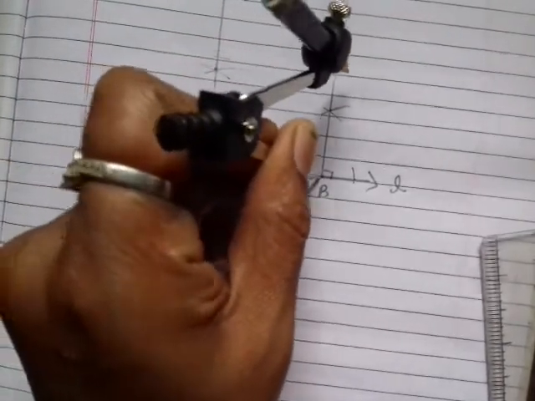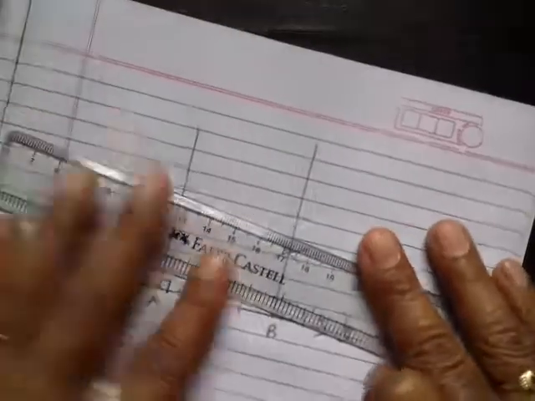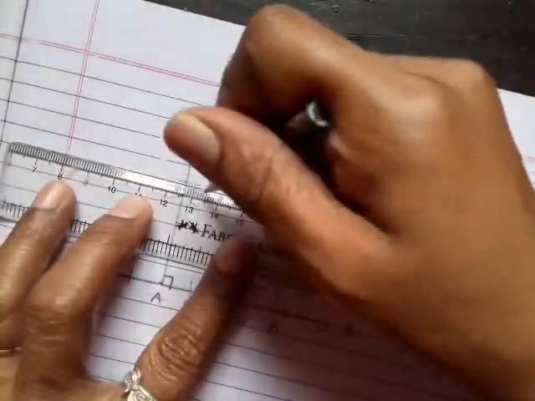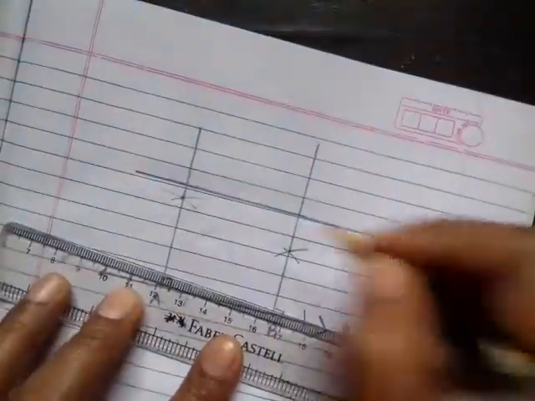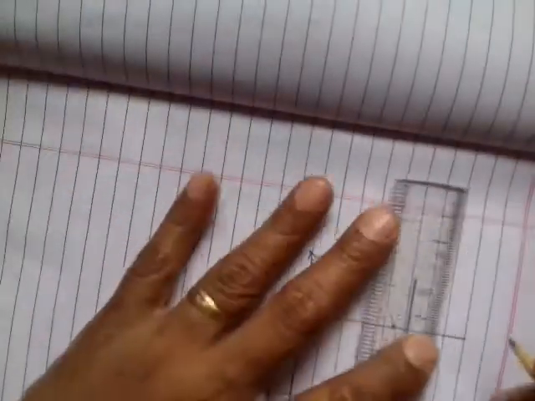Similarly from point B also I will mark 4 centimeter here, and then we have to join these 2 points. When the line passes through them, it is parallel to the line L. Understood? This is parallel to the line L.